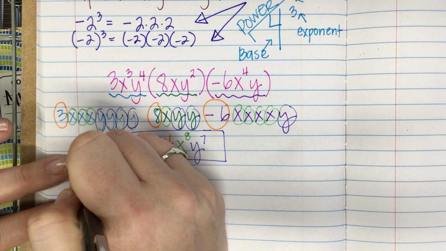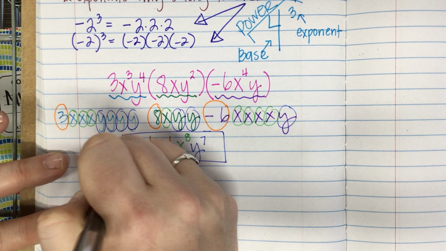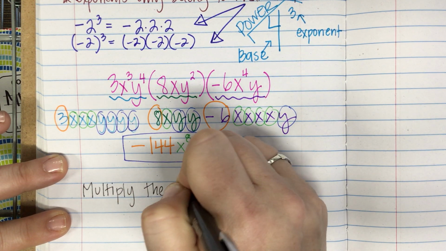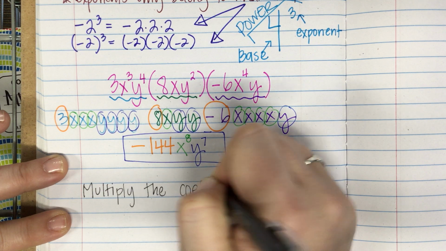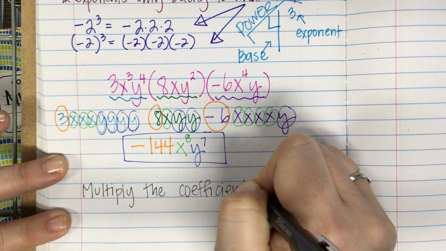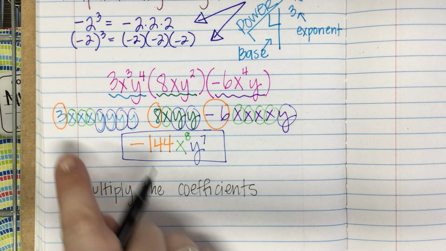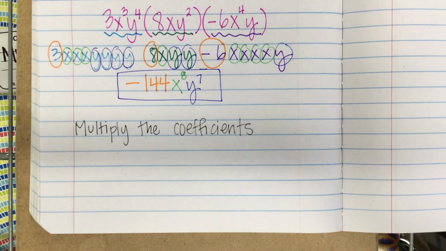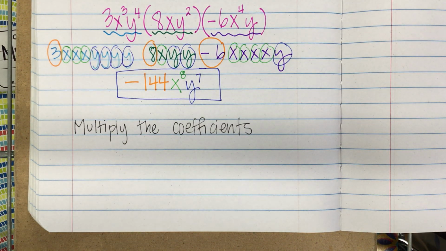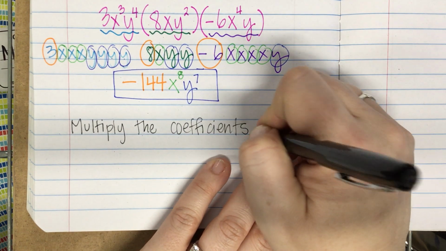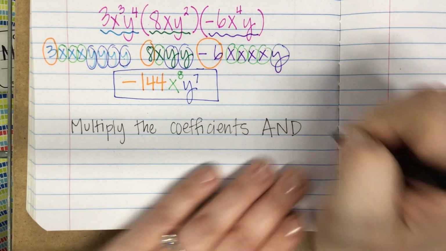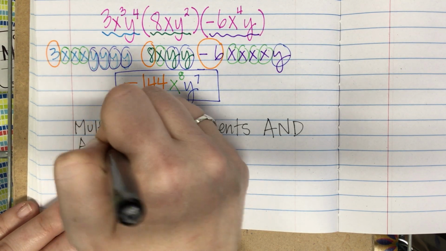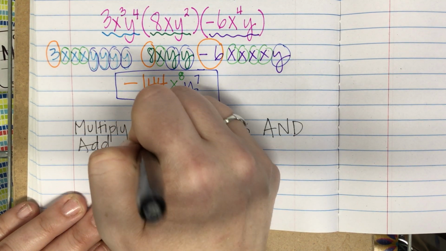So we multiply the coefficients. When it's multiplying, I multiply my coefficients, and add the exponents.